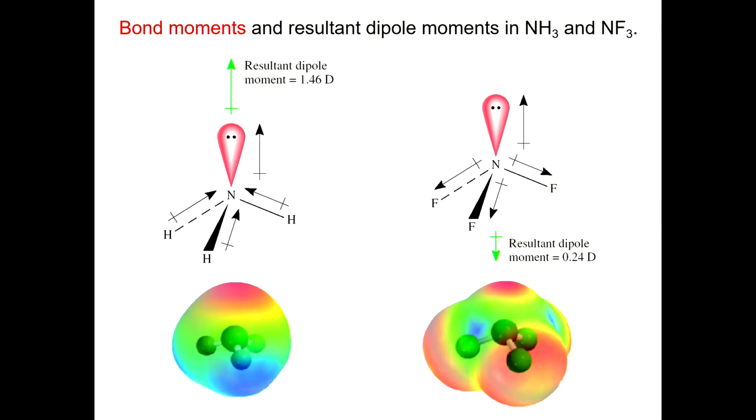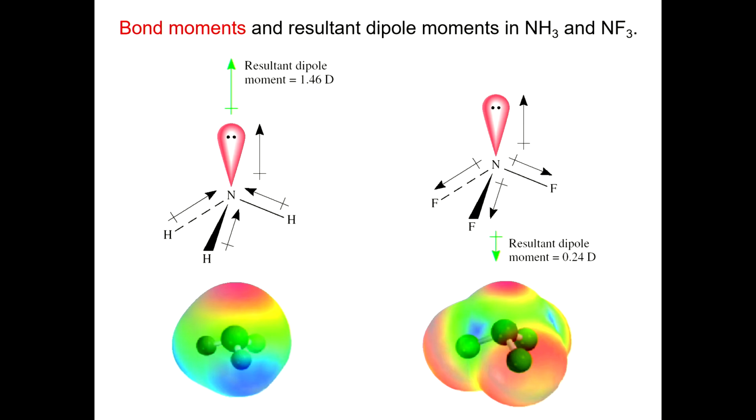So this molecule has a very small resultant dipole value. This one is much higher than this one. The reason is that in this molecule, the directions of all moments are the same.